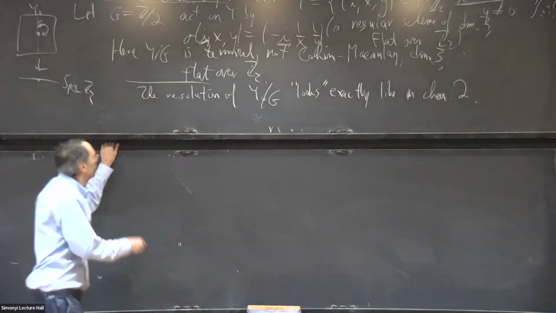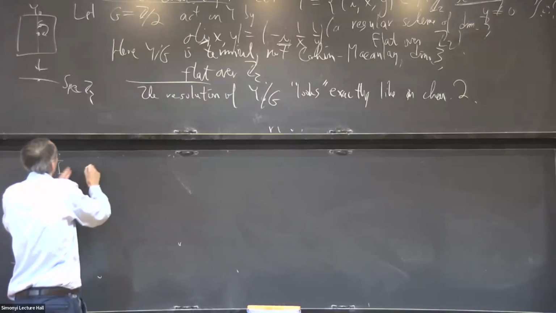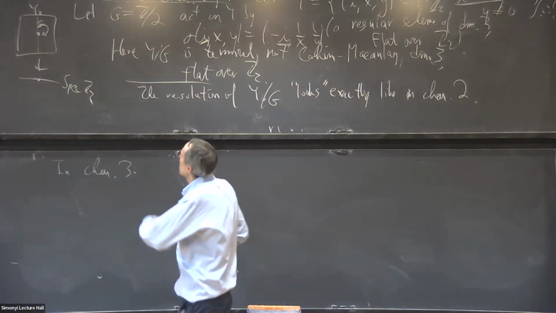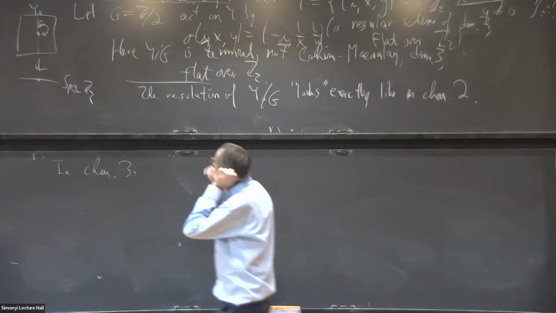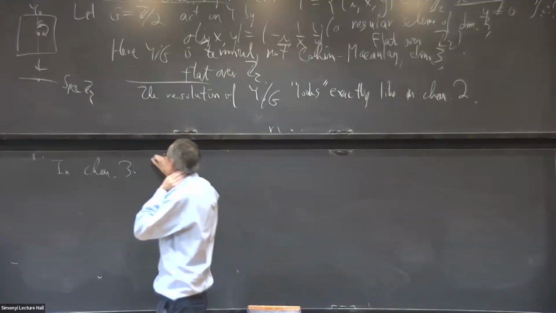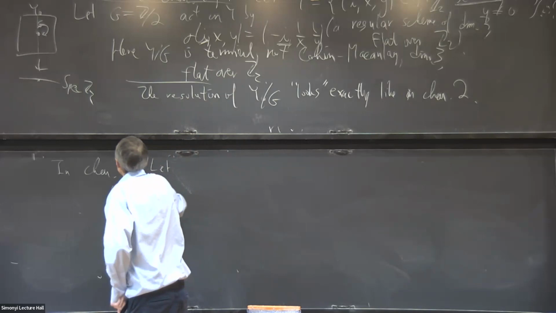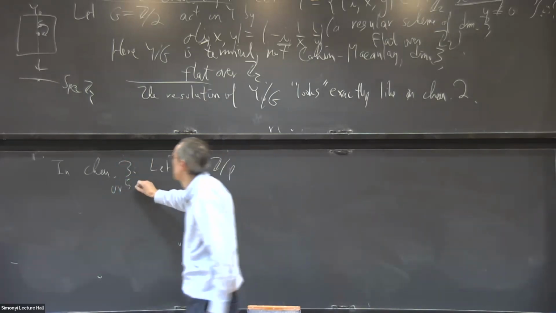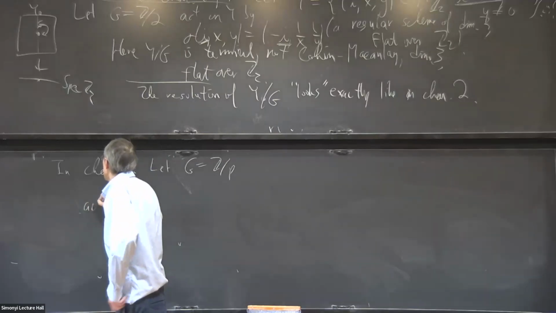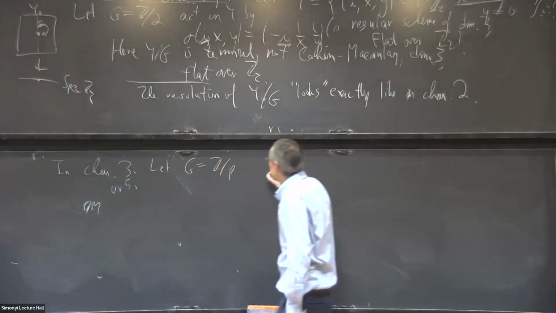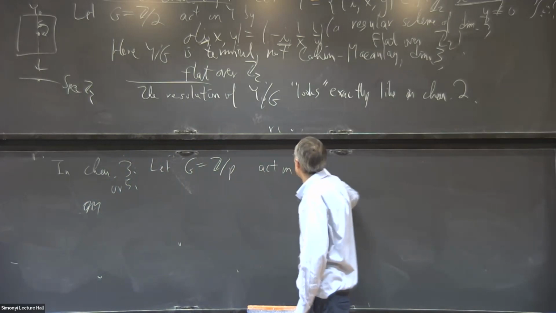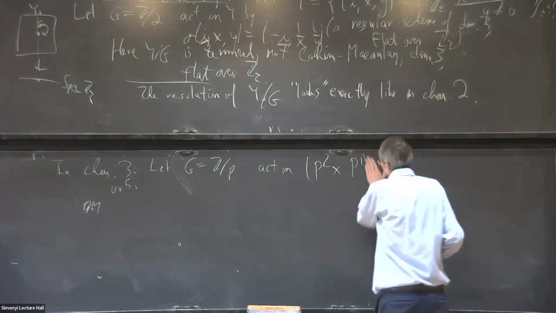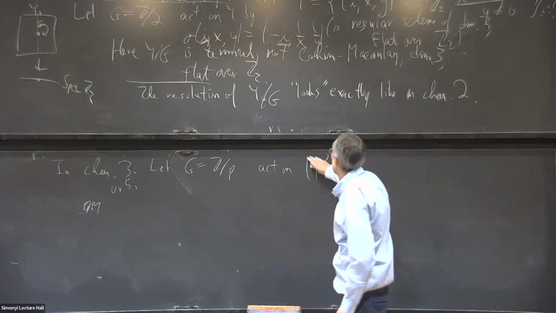So if you want to make similar examples in characteristic 3 or 5, you have to find the simplest examples you can of group actions. I'm going to use Z mod p over F_p. So in characteristic 3, I just use Z mod 3.